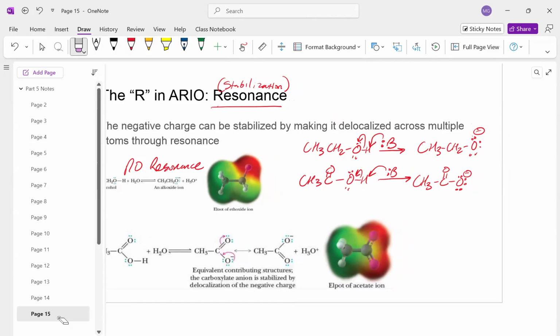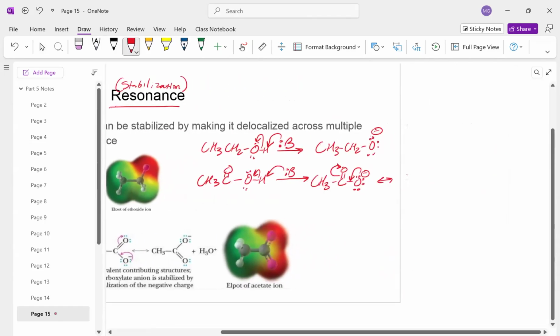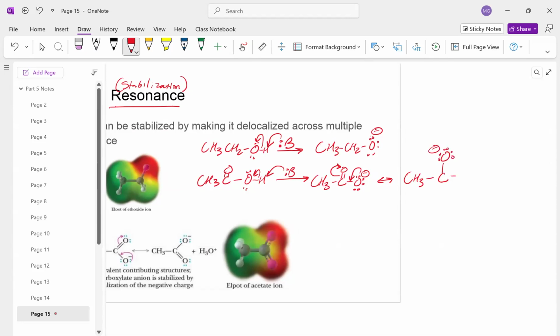But the bottom one, the carboxylic acid, once it's deprotonated, I can move that negative charge to another atom. Resonance stabilization. So if I were to ask you based on that, which ion is more stable?